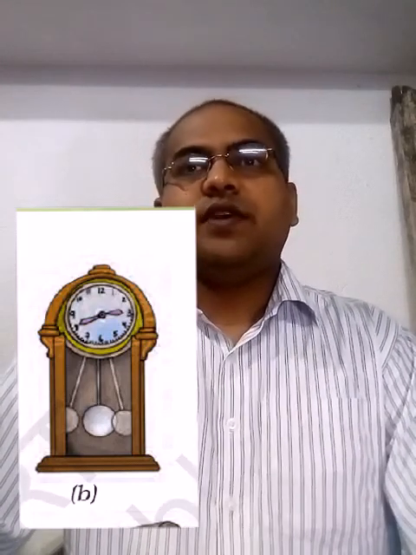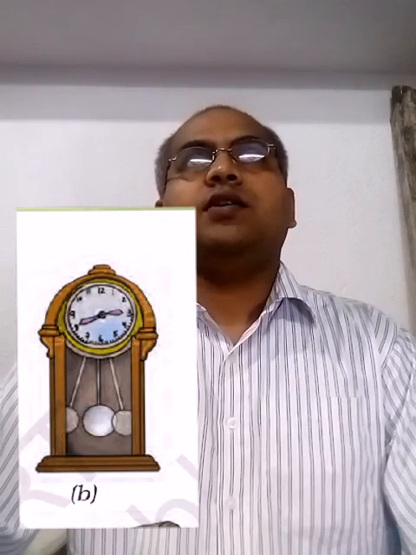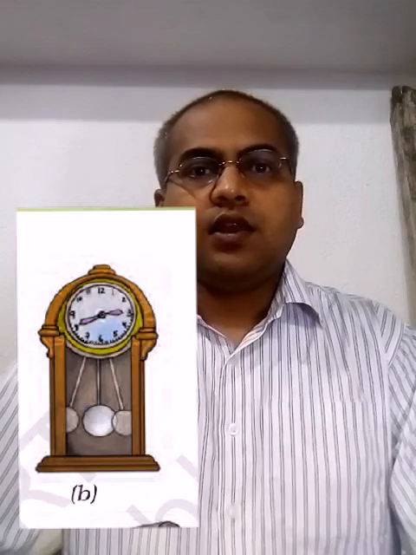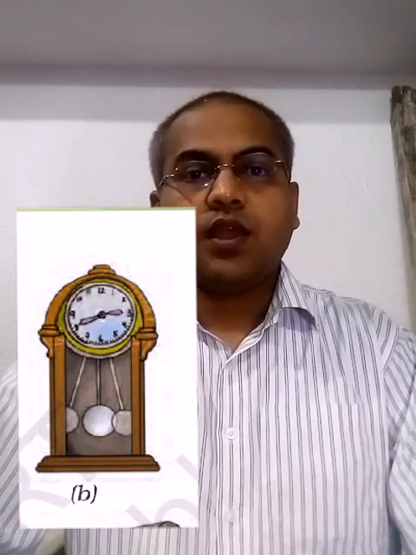If you observe that motion, you find that the pendulum of the clock moves to and fro from a fixed center, and this movement is with a fixed interval of time, and this type of motion is called periodic motion.